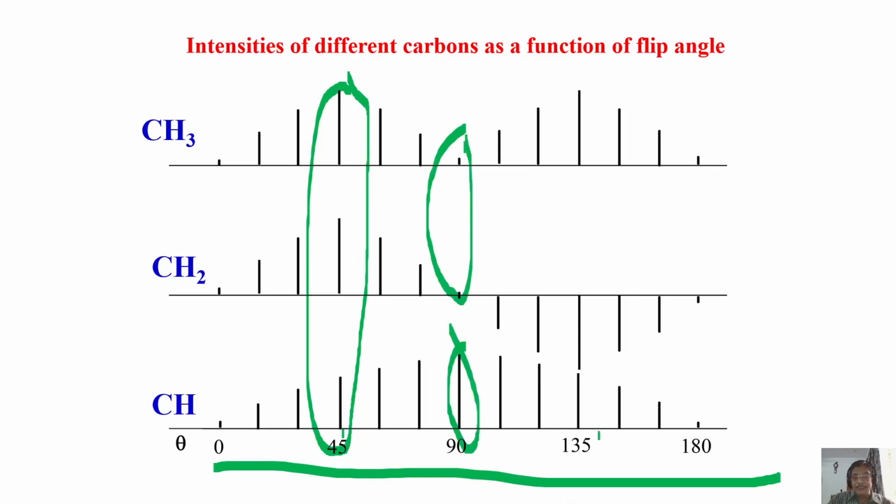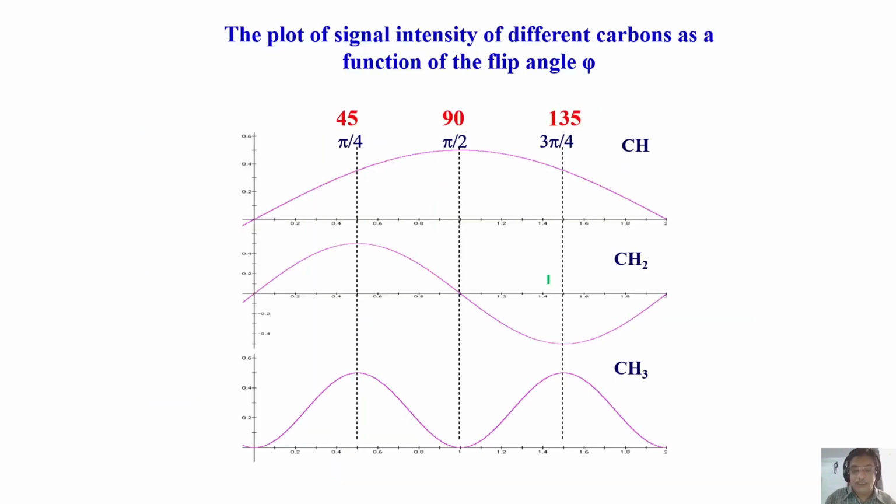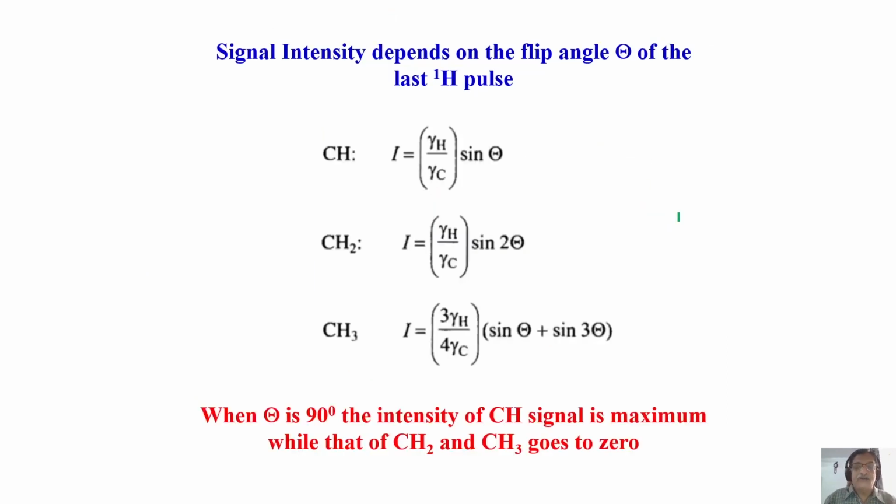When theta is equal to 135 degree, CH is positive, CH3 is positive, CH2 is negative. So, based on the number of protons attached to carbon, whether odd number or even number, similar to what we saw in APT, you can distinguish the carbon by the sign of the signal, whether it is positive or negative. This is what I showed in the graph, how the signal intensity is varying with a different angle. Of course, it depends upon sin theta, whereas earlier I said it depends upon cosine of theta.